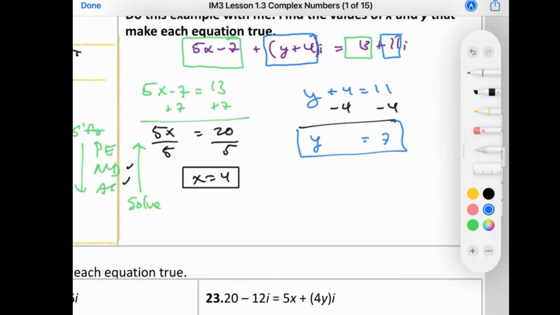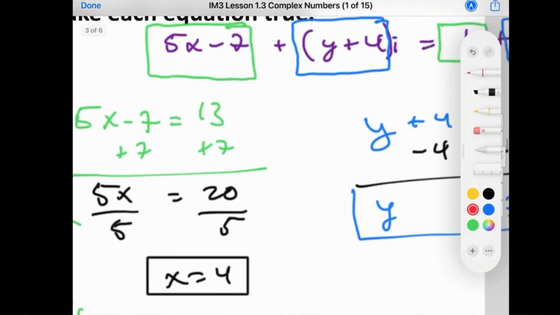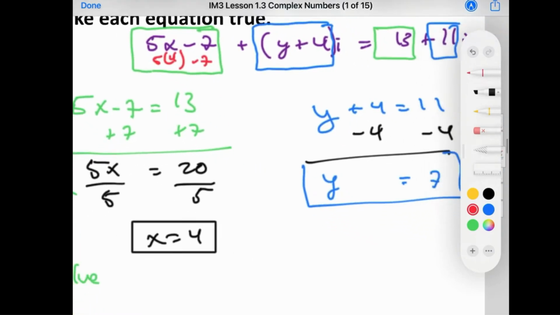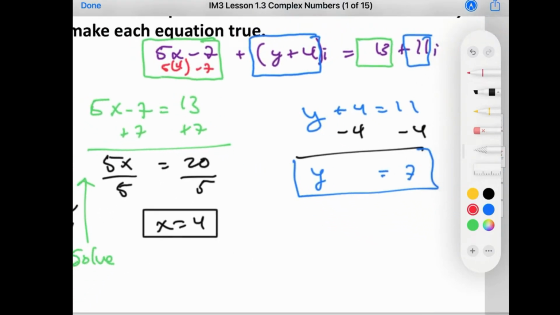And for you to check your answer, which you don't have to, but just to help you understand, if I put a 4 here, and for y, I put in 7, you'll get 20 minus 7, and this one becomes (7 plus 4)i.